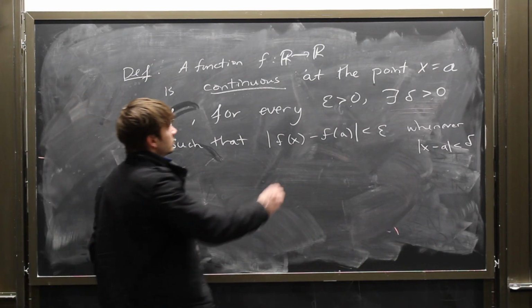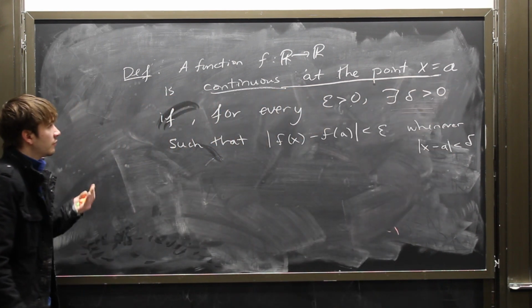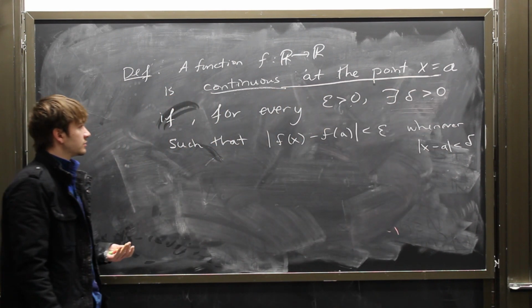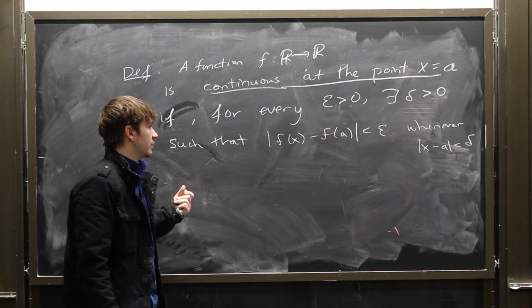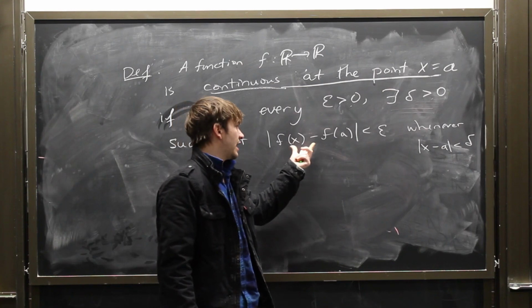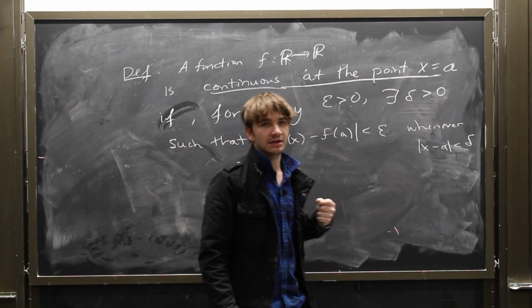Okay. So a function is continuous at the point x equals a if for every epsilon greater than 0, there exists a delta greater than 0, such that the distance between f of x and f of a is less than epsilon whenever the distance between x and a is less than delta.